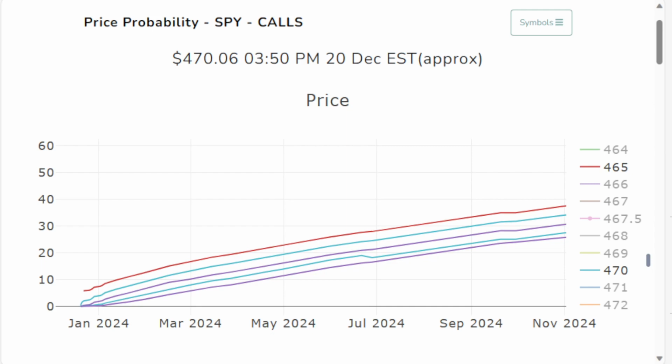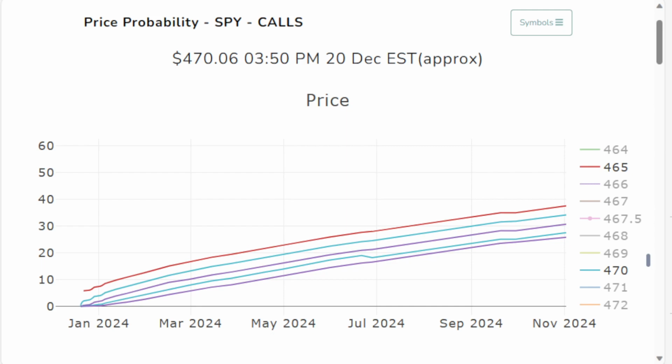In this chart, a link below in the description, each line represents a strike price. We can see that the further you go into the future, the more expensive option contracts are. Trying to maximize profits by reducing cost, maybe you bought contracts close to expiration on the left side of the chart.